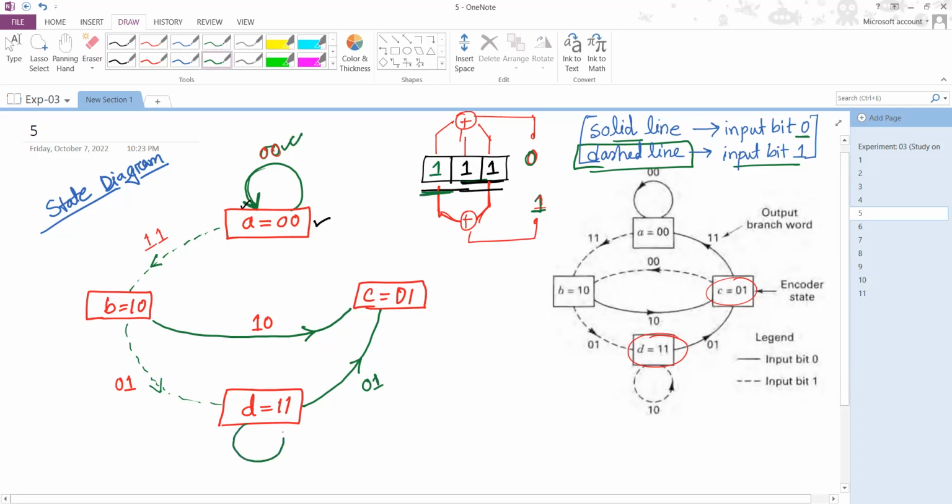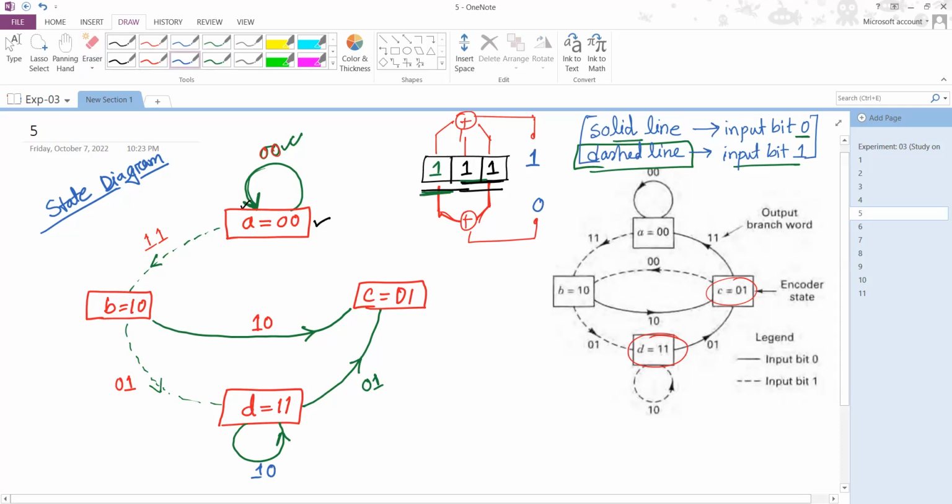So 1 1 is again getting back to its original 1 1, and in this case the output will be 1 plus 1 equal to 0 and 0 plus 1 equal to 1. So in this case it will be 1, and for the second case it will be 0. So the output will be 1 0. So now we have finished this D state.